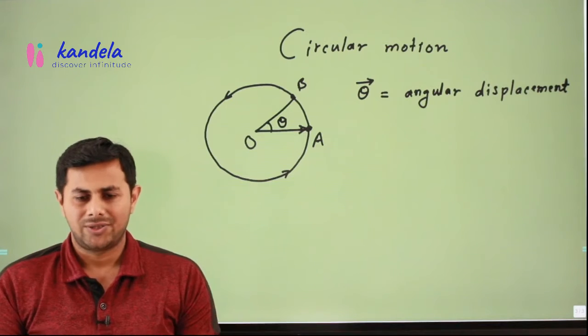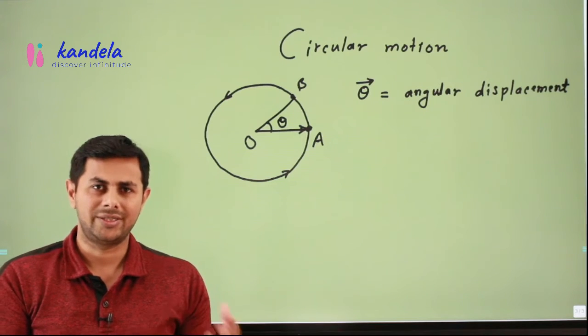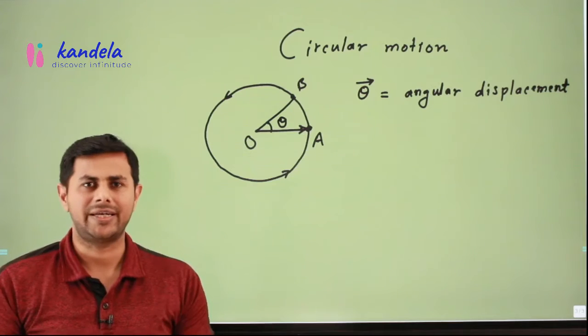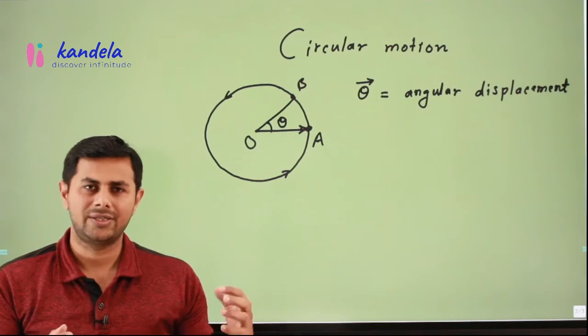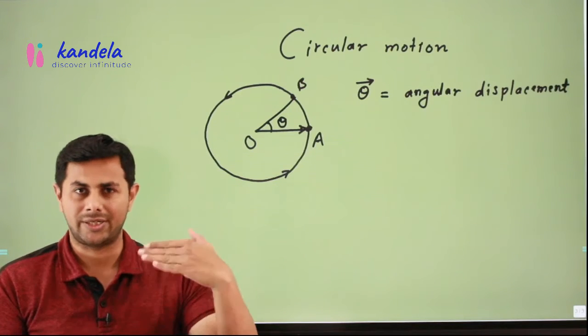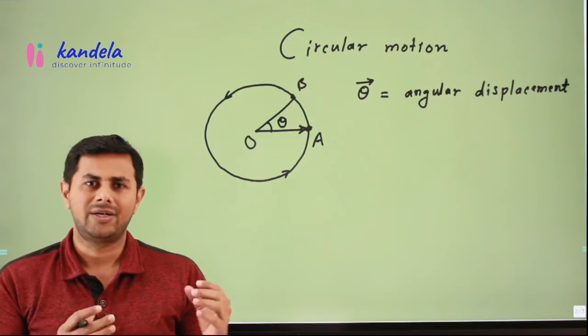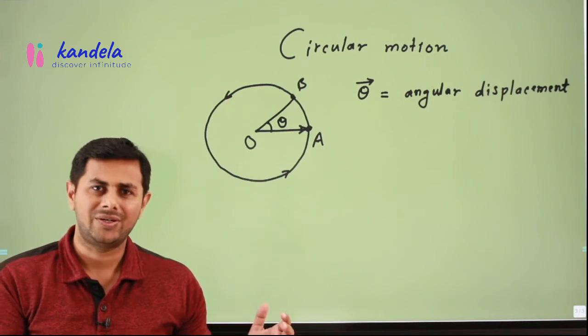Notice that I am calling it displacement and not distance. Just like in linear motion we have displacement which is a vector quantity, in circular motion the angular displacement, which is the angle through which the radius vector moves in some time, is a vector quantity. So it will have magnitude and it will have direction.